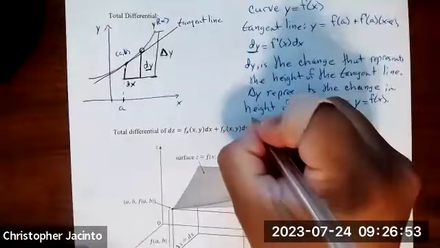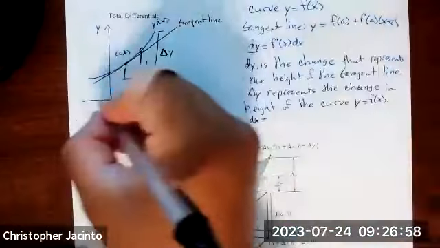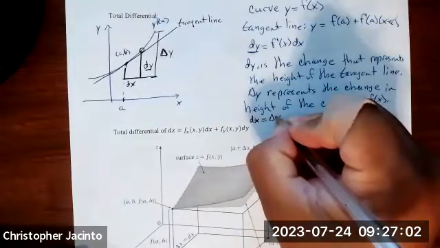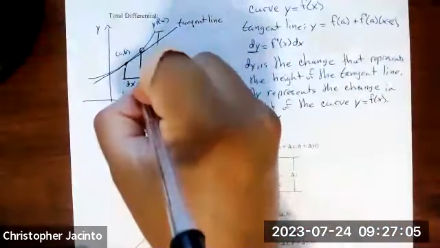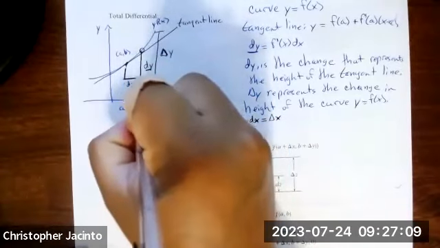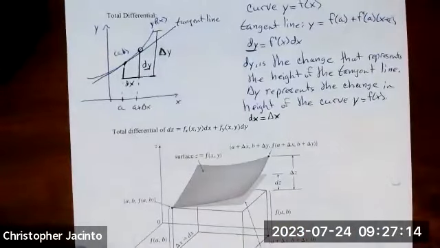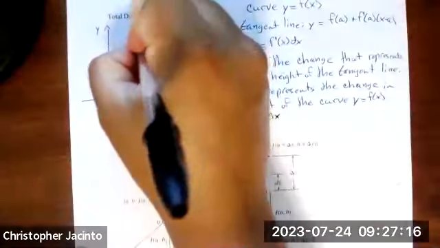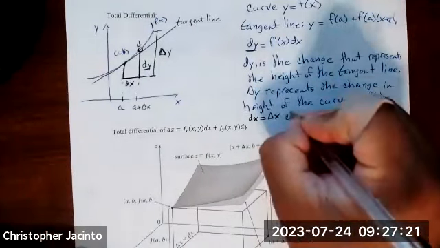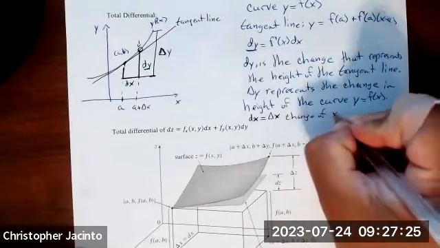So the interesting part is that dx, the change in the x values, meaning how this goes from left to right, is the exact same as delta x. Because if I go from here to here, this is just a plus the change of x. I'm just adding an extra component to a to get to this point right here. So that's just the same. This is the change of x.